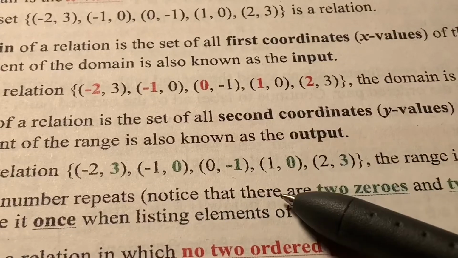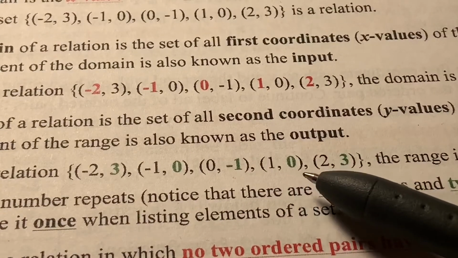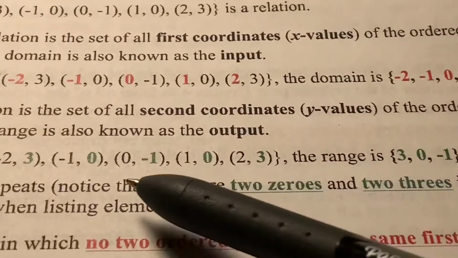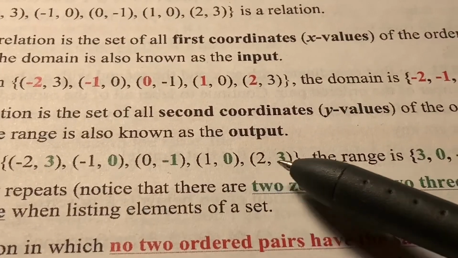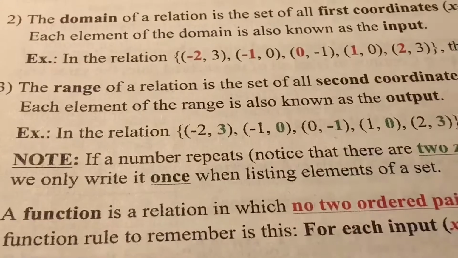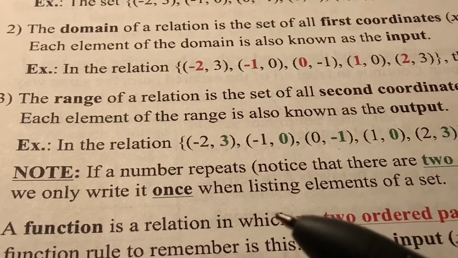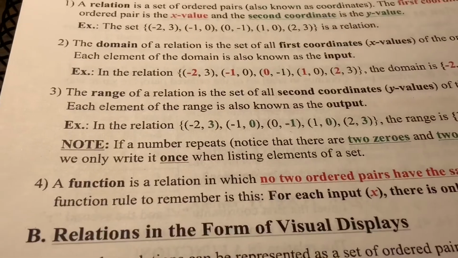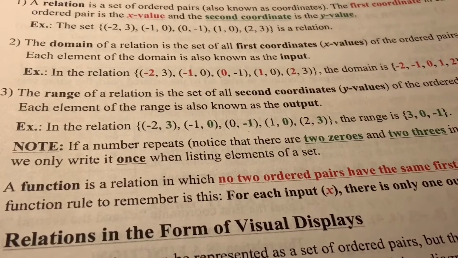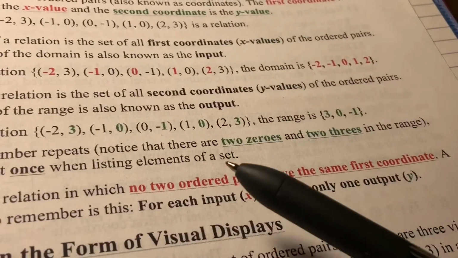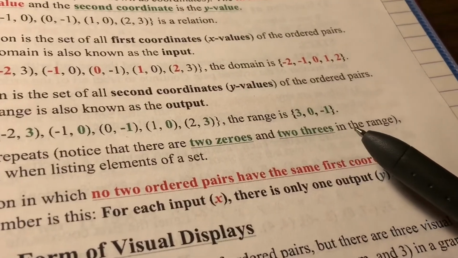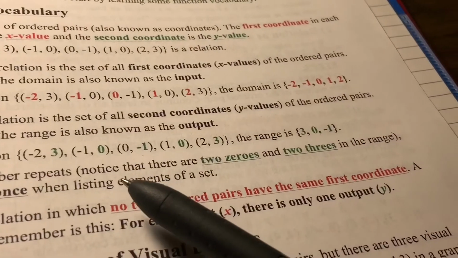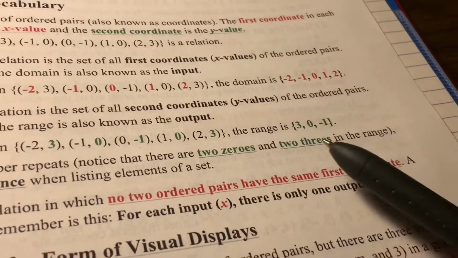So what happens in math is this. When we list the elements of the domain or the range, and we have numbers that repeat, we only write them one time. Let's take a look at that note. Note, if a number repeats, notice that there are 2 zeros and 2 3s in the range.